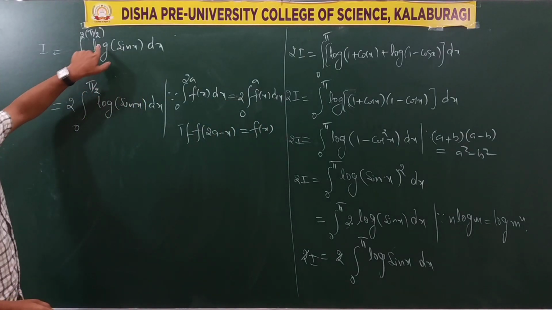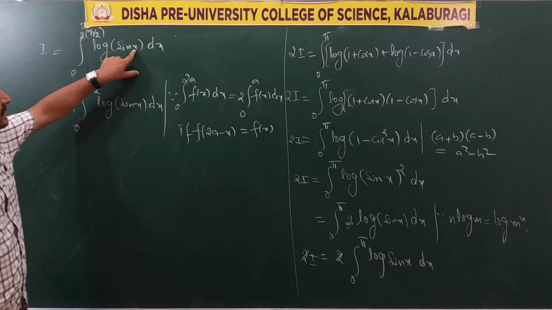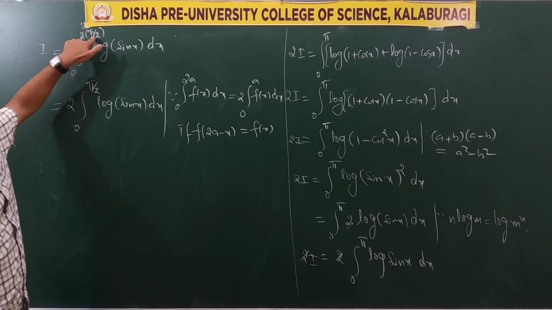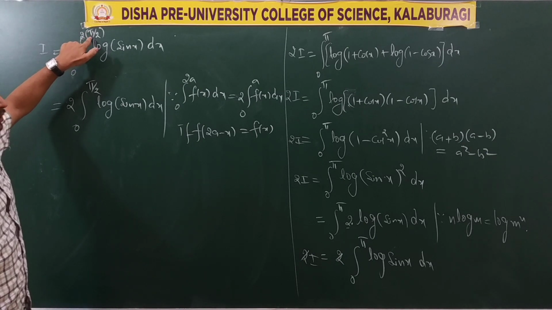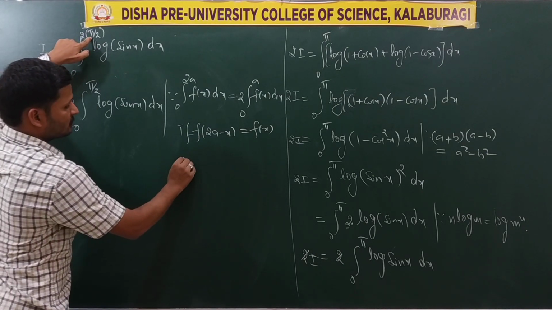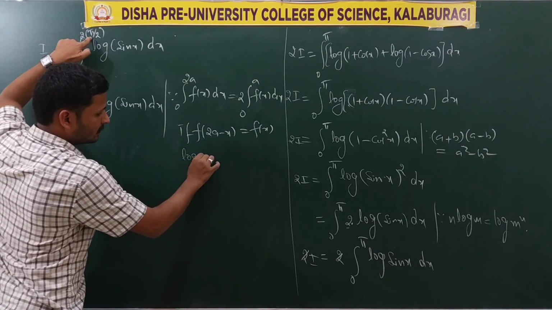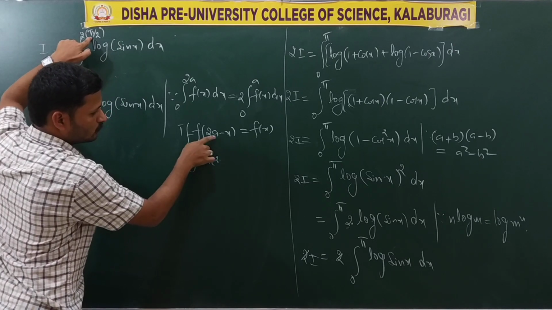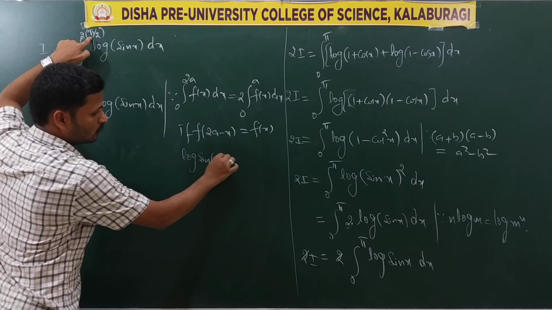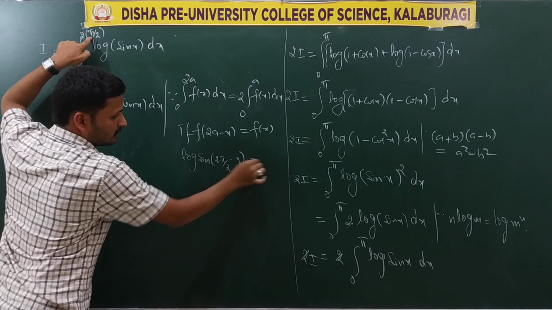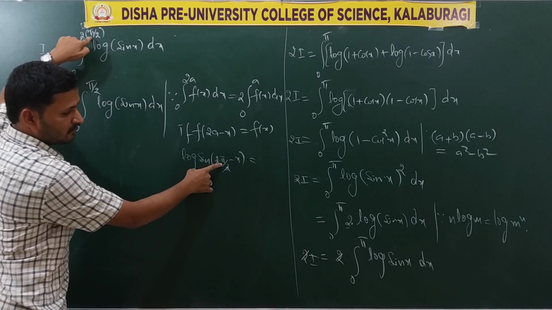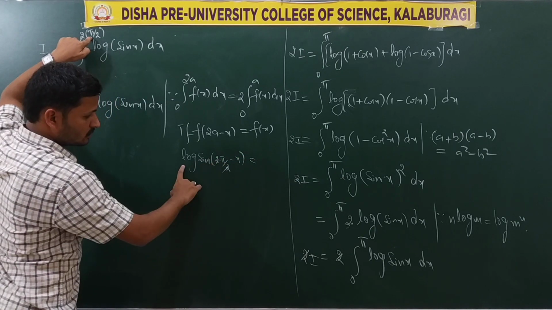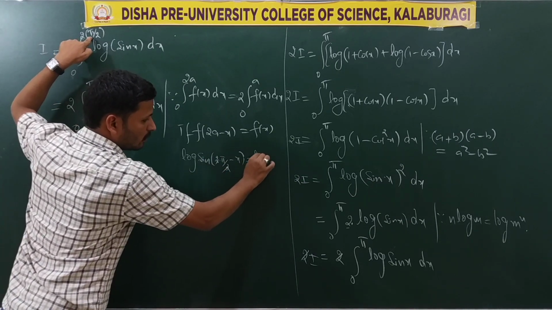Here f of x is log of sin x. Substituting 2a, which is pi, we get log of sin of 2 times pi by 2 minus x. The 2s cancel, so sin of 180 minus x is sin x, so directly this is log of sin x.